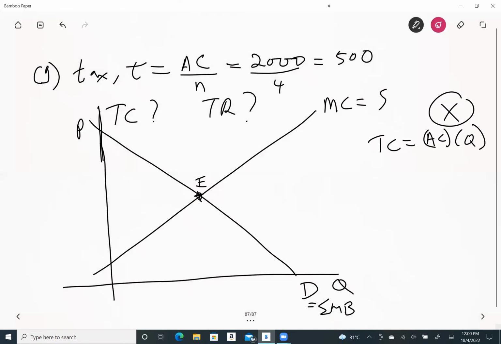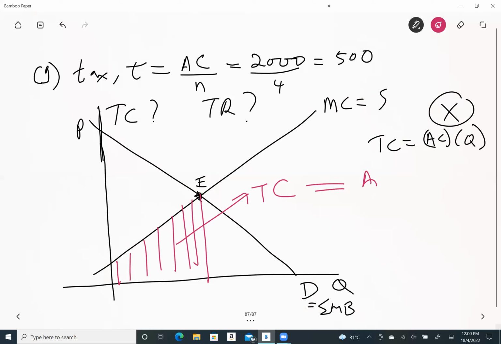The total cost will be the area under the MC curve. If you go to business math, integration, you integrate marginal cost and you get total cost. So the idea is to integrate marginal cost dQ, and you get total cost.